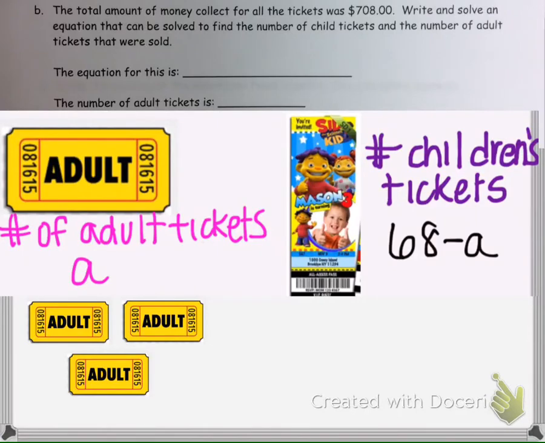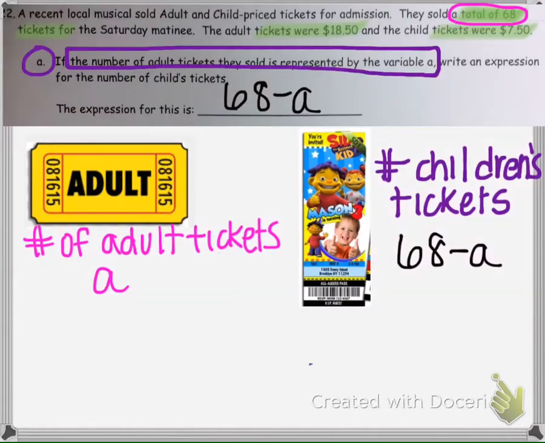Then part B says the total amount collected for all the tickets was $708. Write and solve an equation that can be solved to find the number of child tickets and the number of adult tickets that were sold. If we go back to the top of the problem, an adult ticket is $18.50.